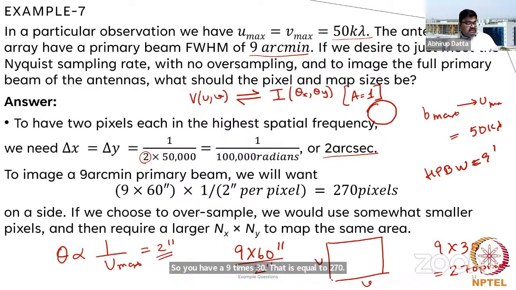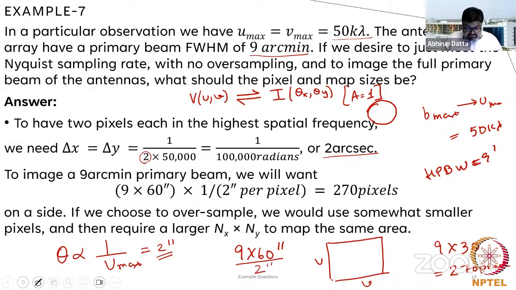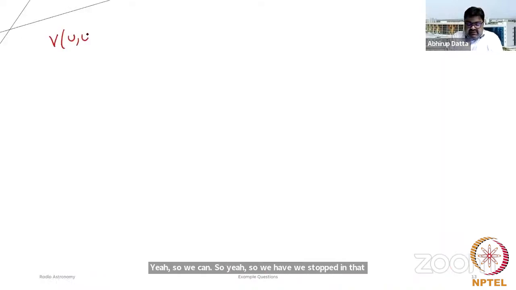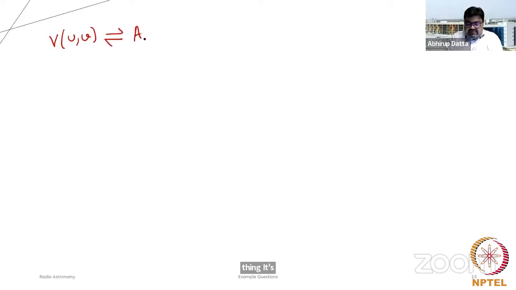Let me take one more slide to explain this particular phenomenon. We stopped at discussing that V(u,v) is nothing but a Fourier transform of A(l,m) times I(l,m).